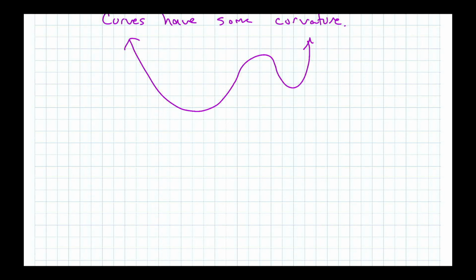Like if I draw a circle on here like this, then there's a circle of a certain size that will match the curvature. And if I draw a circle over here, then it would be a smaller circle that actually matches the curvature, right? So that's how we represent curvature, or that's the idea here.